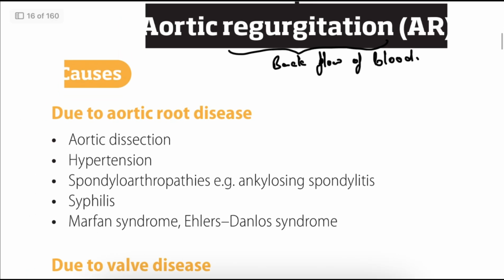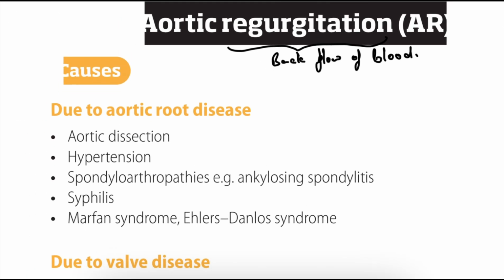Okay, so what are the main causes of aortic regurgitation? Due to aortic root diseases, like aortic root dilation, aortic dissection, hypertension and spondyloarthropathies, for example ankylosing spondylitis.